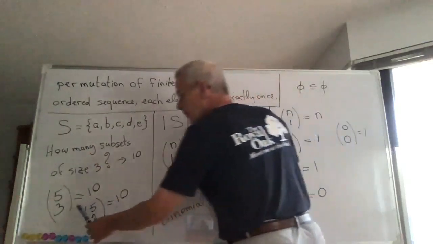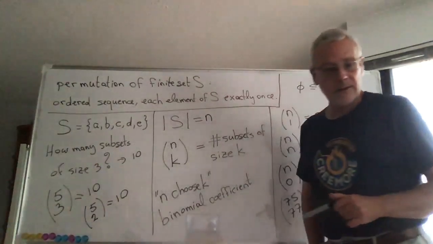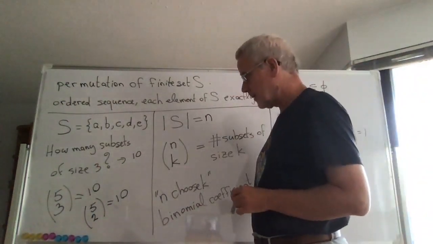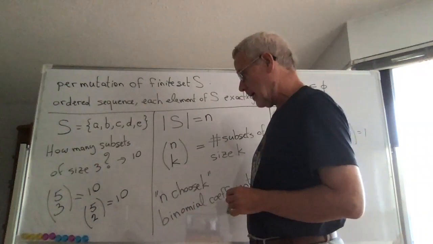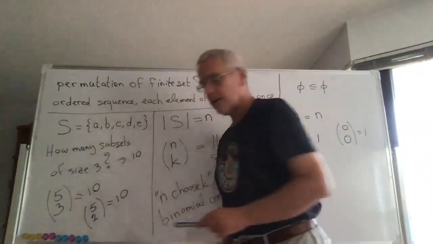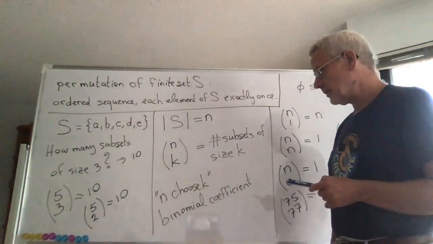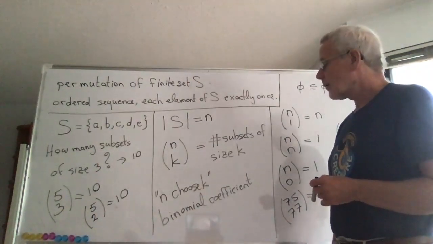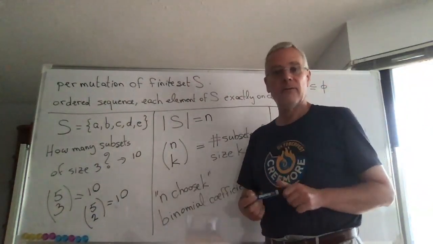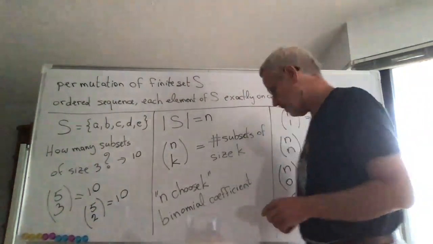We determined 5 choose 3 by making a list of all subsets of size 3, which was a bit of a pain. You can make a list of all subsets of size 2, which shows that 5 choose 2 is 10. So our goal now is to come up with a general formula for n choose k.